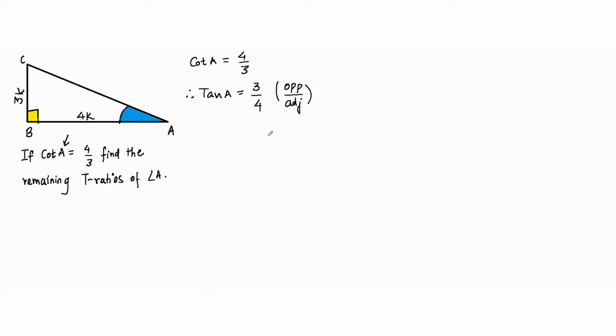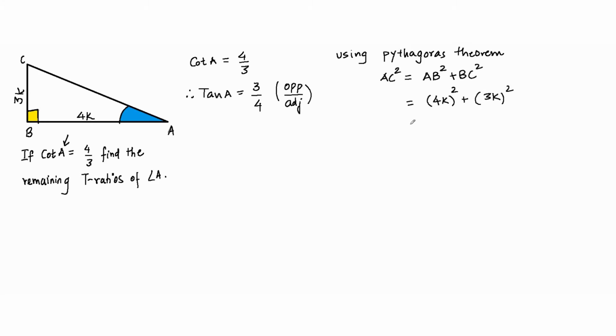And now I can use Pythagoras theorem to find the length of AC. So using Pythagoras theorem, I can say that AC square is equal to AB square plus BC square, and therefore AB is 4K the whole square plus BC square is 3K the whole square.